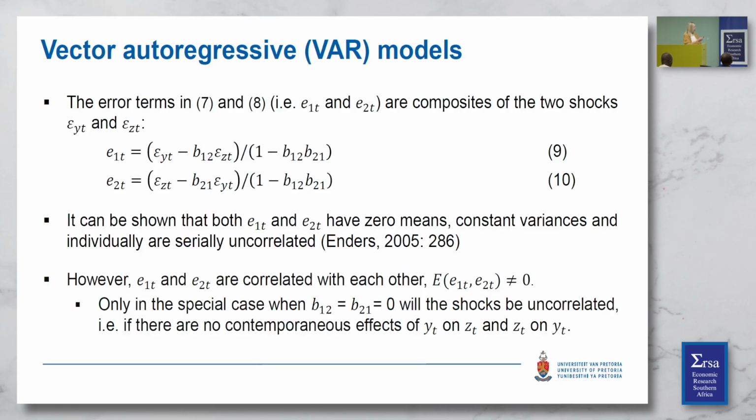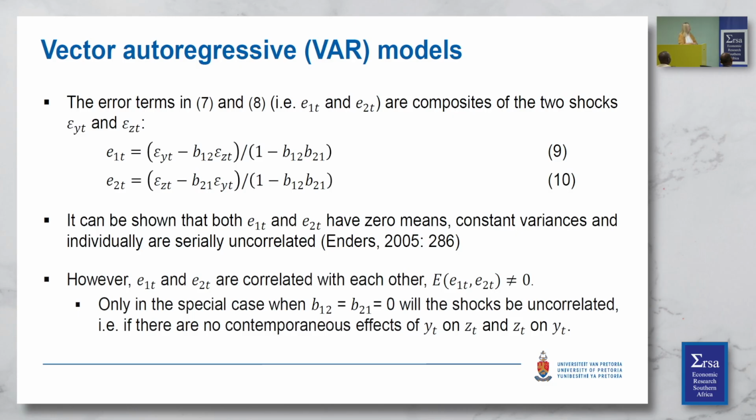So the difference is basically that there is still some economic theory in those relationships, whereas in the reduced form VAR, all that we can claim is that we used economic theory to identify our variables that we put in the VAR. So here you can see how those error terms of the reduced form VAR are actually functions of the original innovations in Z and Y, and also the parameters of the structural.